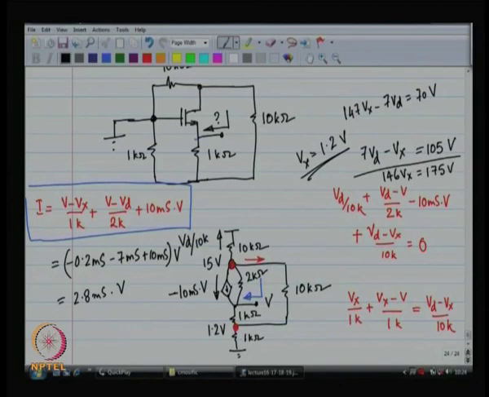So, that is about maybe something like 300 ohms. Little more, 350 ohms.